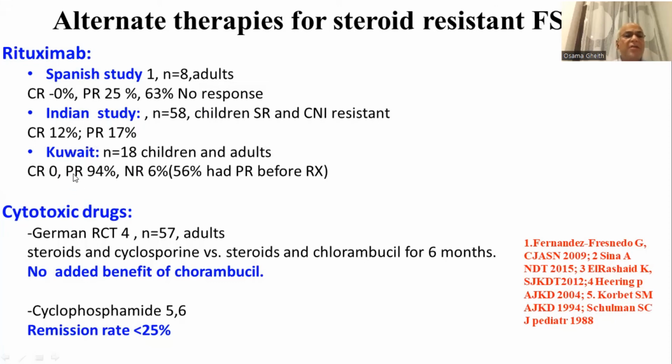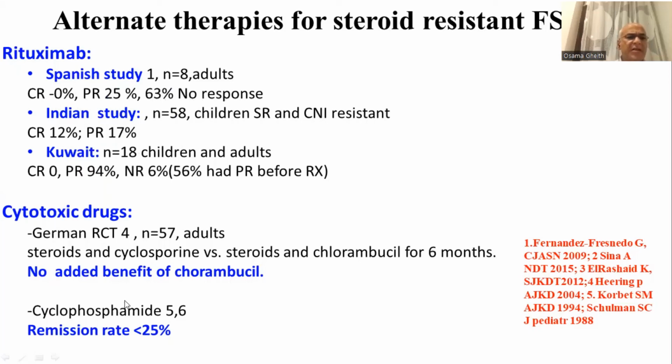In Kuwait, they included 18 children and adults, reporting 94% partial remission, possibly because more than 50% of patients had partial remission before rituximab therapy. So rituximab is of no benefit in most of the studies.